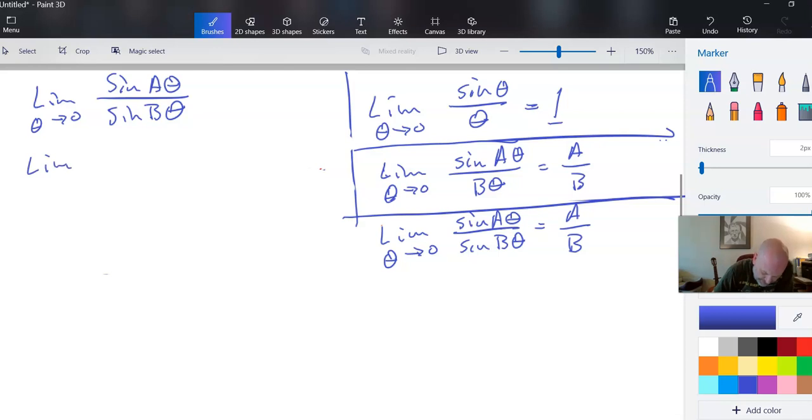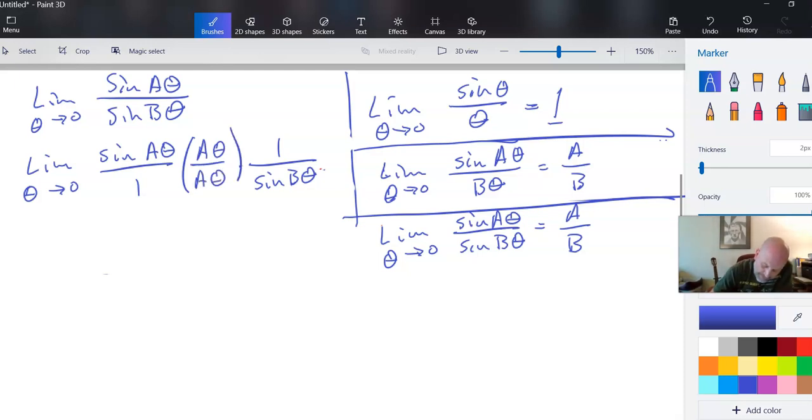We took the limit as theta goes to 0 of sine a theta over 1, and then I left a little space and I went 1 over sine b theta. Now here, since I needed an a theta in the bottom, I put in an a theta. And the same thing over here with b theta.